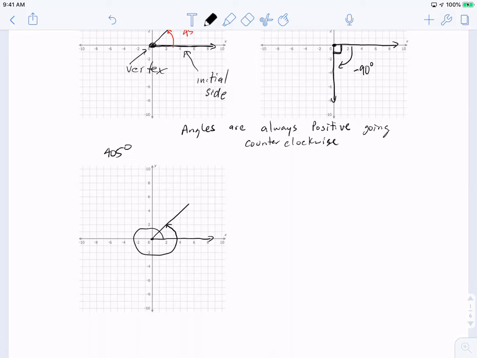So that's going to produce this angle. One full rotation is 360 degrees, plus the 45 degrees beyond the initial side will give us a 405 degree angle. So that's how you draw angles. Just a couple of examples for you guys to be able to do that.